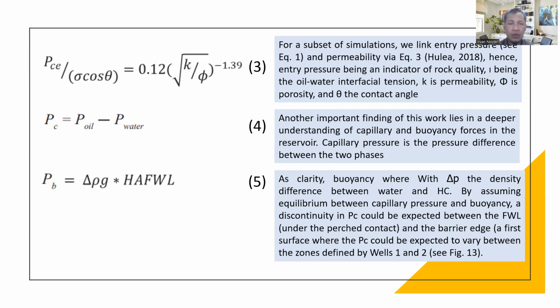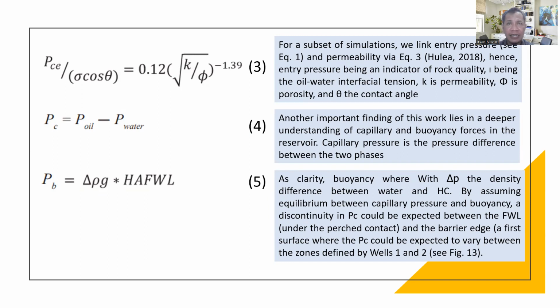While in equation number 4, another important finding of the study is the enhanced comprehension of capillary and buoyancy forces in the reservoir. Capillary pressure, which is the pressure difference between two phases, can be determined by extrapolating the gradient of water and hydrocarbon. However, in the case of perched contact, there is an apparent inconsistency in calculating capillary pressure.